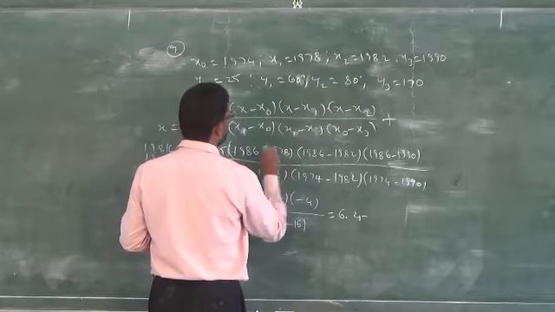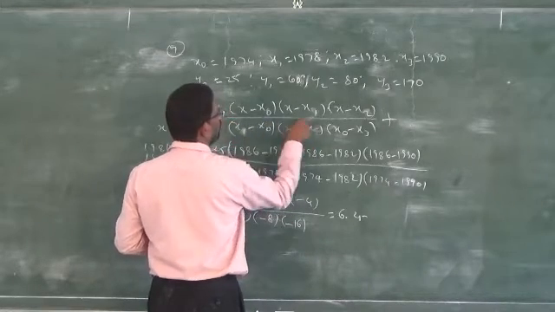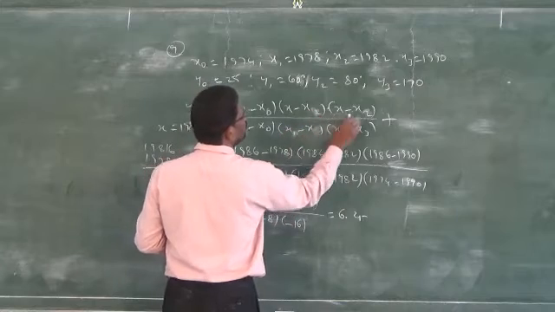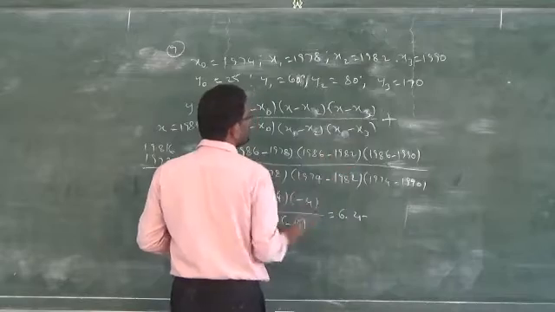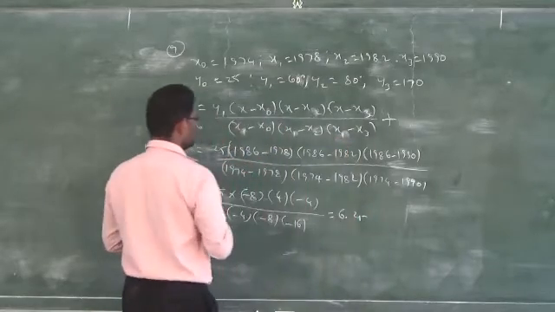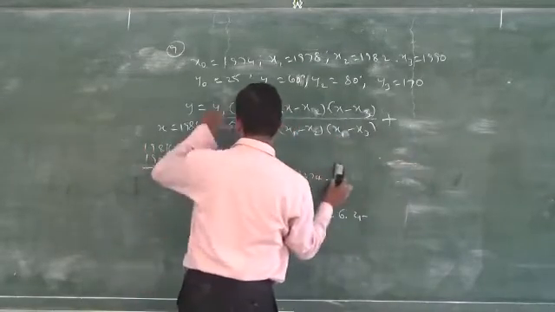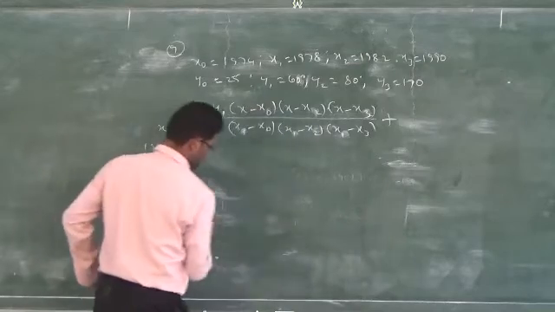When you take x1 minus, it will become 1, 2, 3. So this is the second part of the same question.